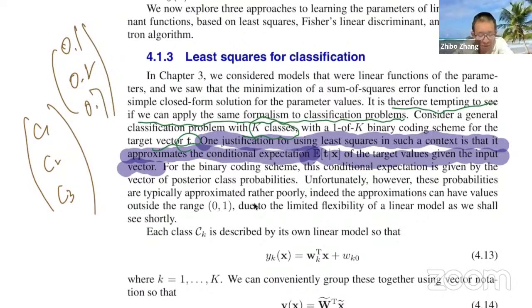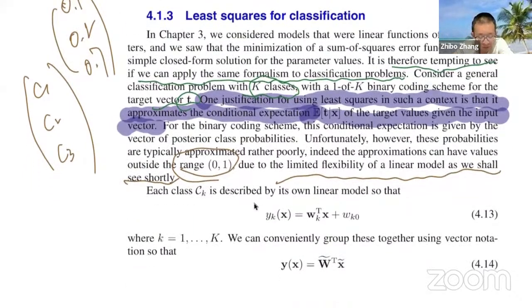Unfortunately, however, these probabilities are typically approximated rather poorly. Indeed, the approximations can have values outside the range due to the limited flexibility of a linear model, as we shall see shortly. So each class C_k is described by its own linear model.